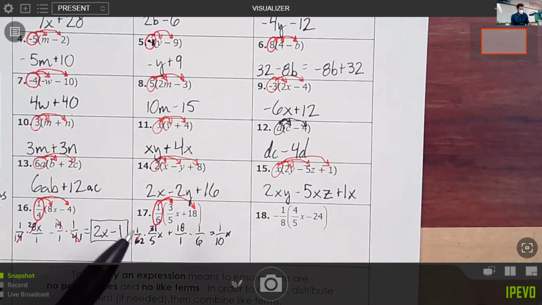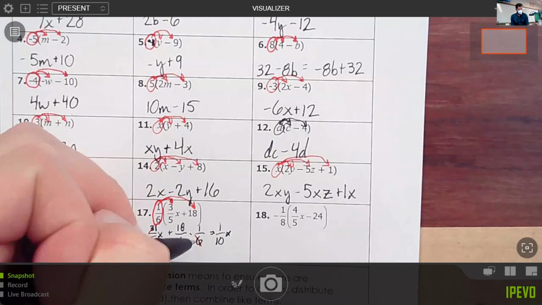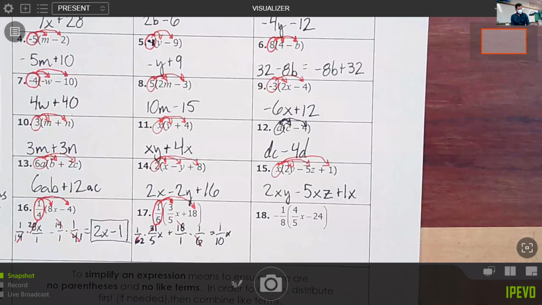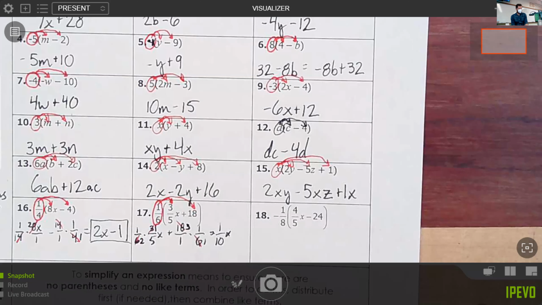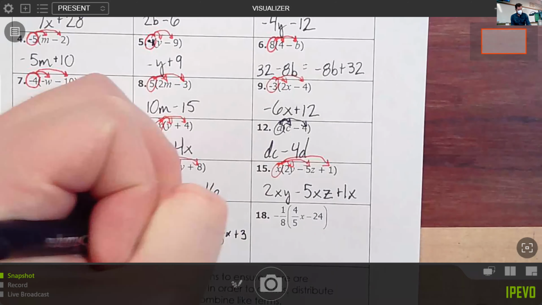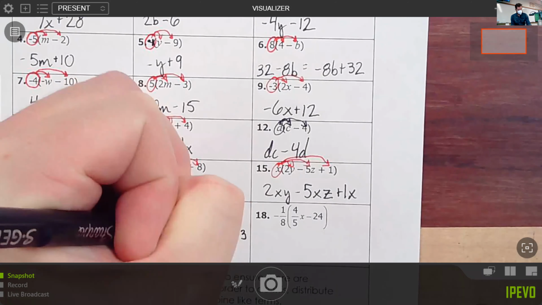And then 18 and 6 are each divisible by 6. 6 can cancel out, 18 cancels out. 6 divided by 6 is 1, 18 divided by 6 is 3. Multiply across, 3 times 1 is 3, 1 times 1 is 1, so that means it's plus 3. So we get 1/10 x plus 3 for our answer on number 17.